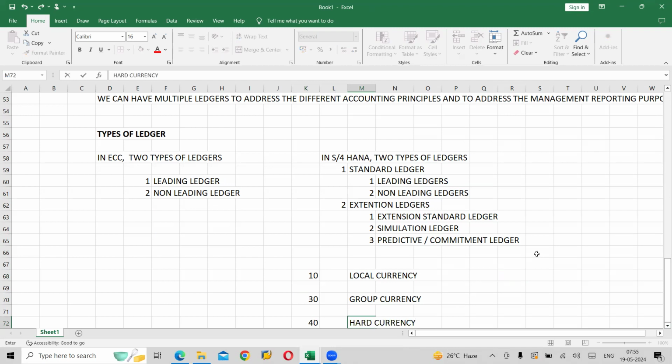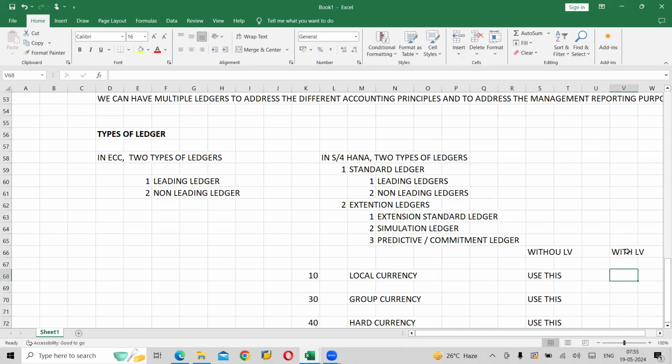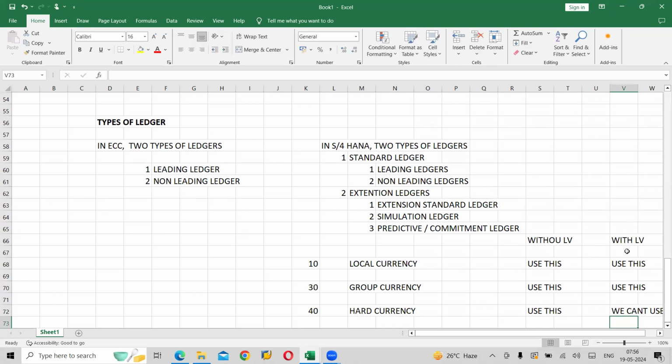If we are using without legal valuation, we can use all of these, that is 10, 30, 40. But with the legal valuation, we can use only these two; we can't use this one. Clear? Any questions? 2 currencies, I said.